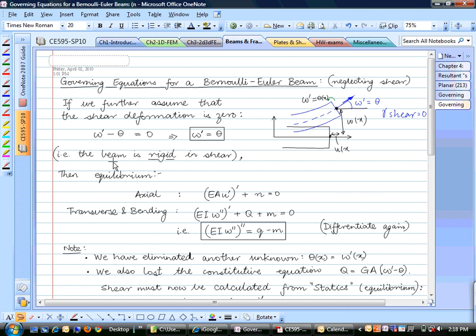So essentially, what we are also saying is that the beam is rigid in shear. Just to give you an example, let's say this is the beam. In this axis, it is very flexible towards bending, right? So the shear deformation is not that much.